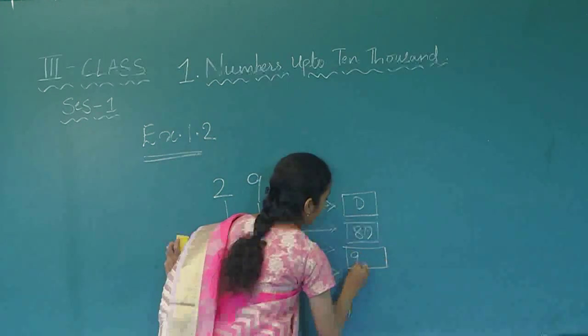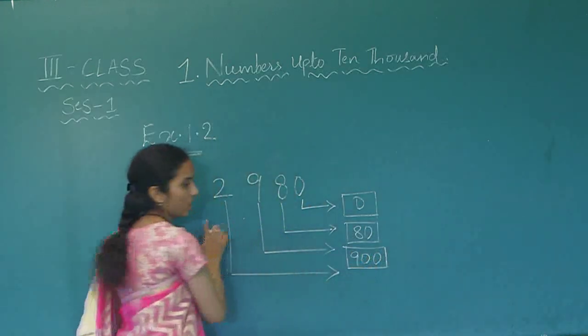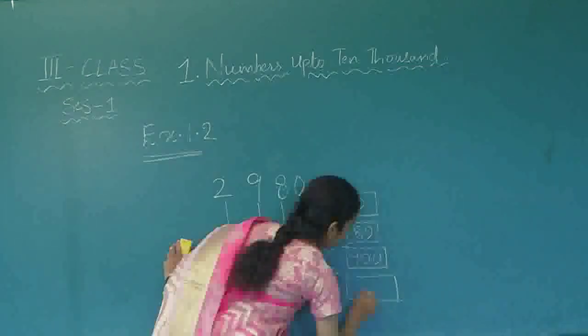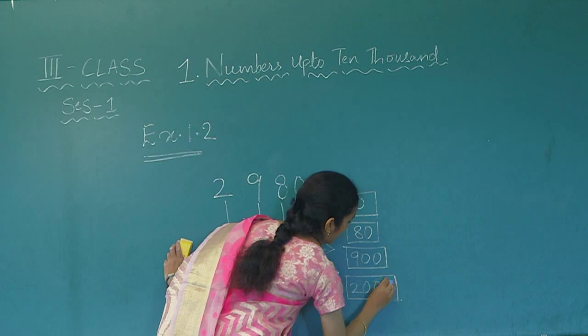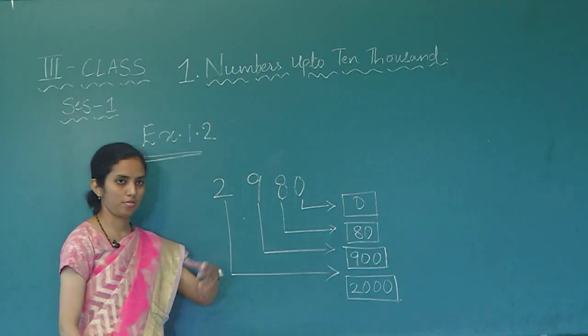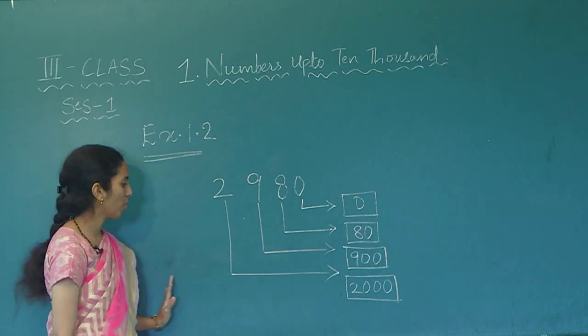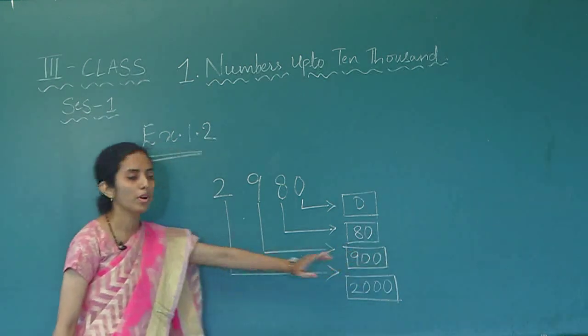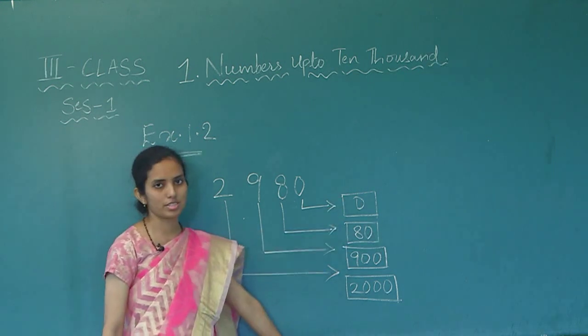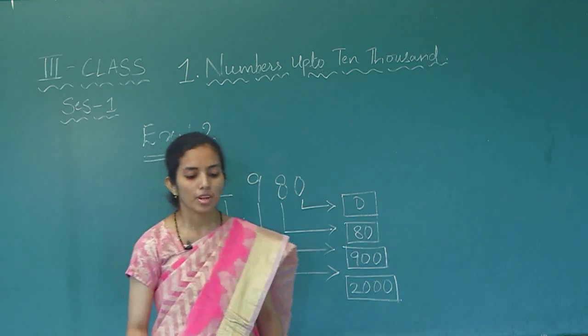That means 900. And what is there in thousands place? 2000. So this is nothing but, just as before we wrote in the horizontal form, now this is writing the expanded form in boxes. So it is very simple.